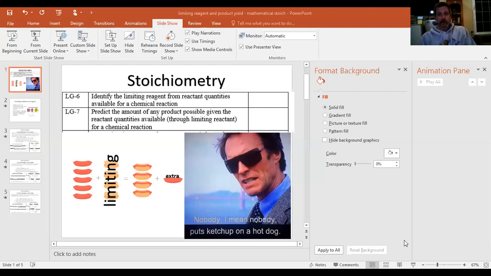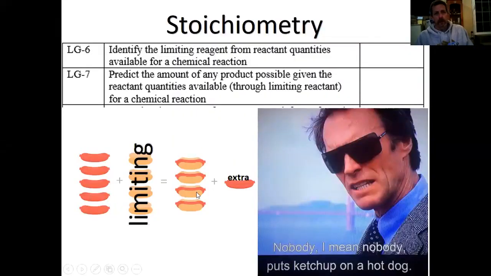All right, let's get underway with our lesson tonight. So tonight's lesson is coming to you with two goals in mind. One of them would be to be able to identify the limiting reagent from quantities of reactants that are given. The other would be able to predict amount of product, knowing that we were going to run out of one of those chemicals, and we would be able to predict the exact amount of product because we've run out of one of our reactants.